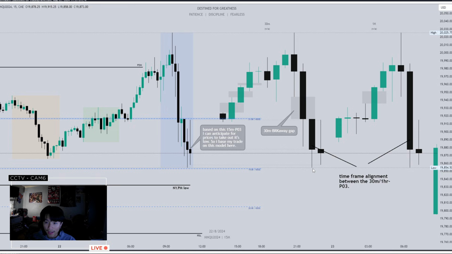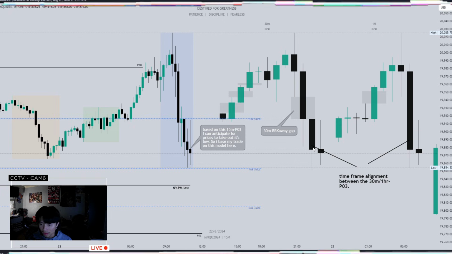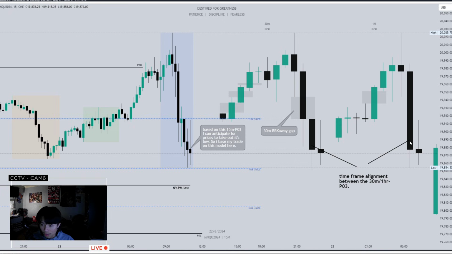So I want to see lower prices for the next 30 minutes, and not only the next 30 minutes, but the next hour. The hourly candle is also suggesting lower prices. The hourly low is the same low as the 30-minute low, so we can anticipate completing the hourly objective within the next 30 minutes.